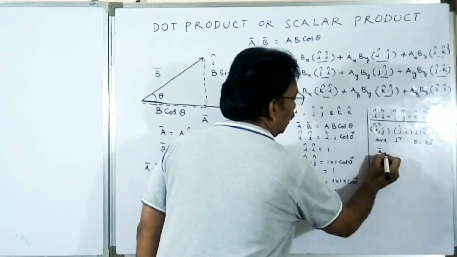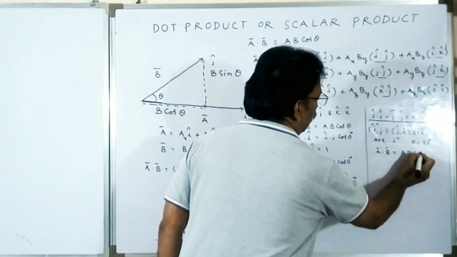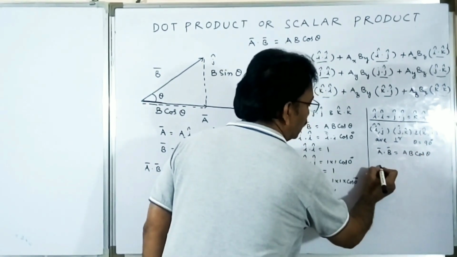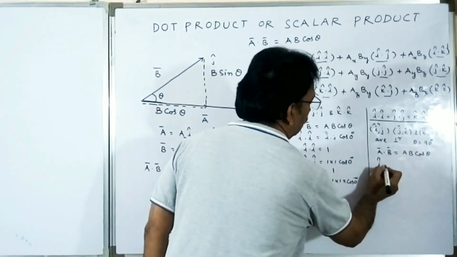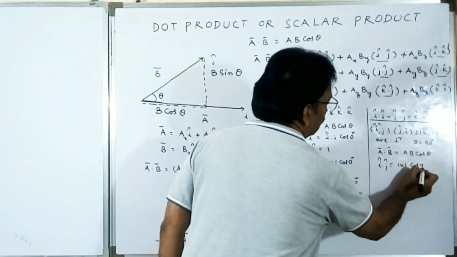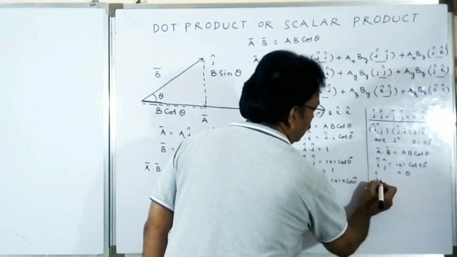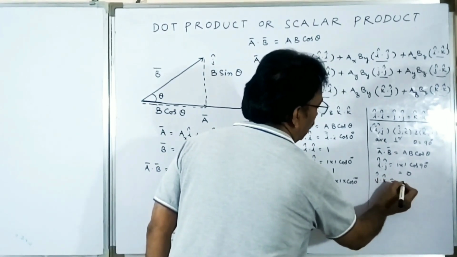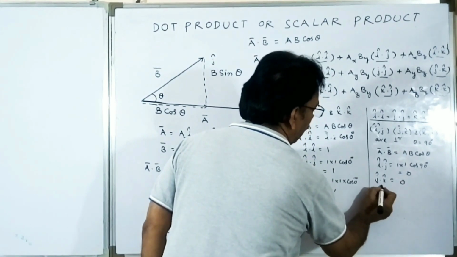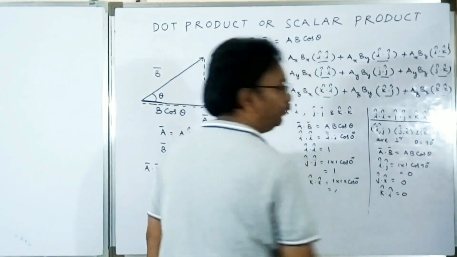We know that A bar dot B bar is equal to AB cos theta, so i cap dot j cap is equal to 1 into 1 into cos 90, which is equal to 0. Similarly, j cap dot k cap is equal to 0 and k cap dot i cap is equal to 0.